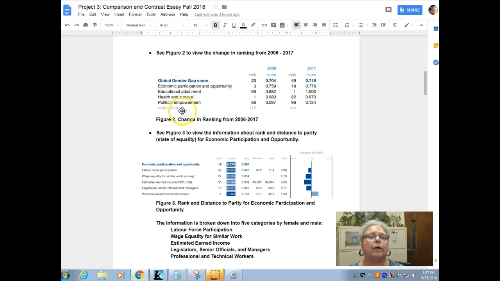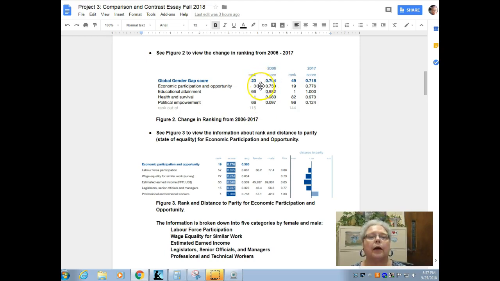And then here are 4 categories that they have it divided into: economic participation and opportunity, educational attainment, health and survival, and political empowerment. I'm using the first 3 of these for you to do your assignment this week. We're not going to worry about the political empowerment at this point.